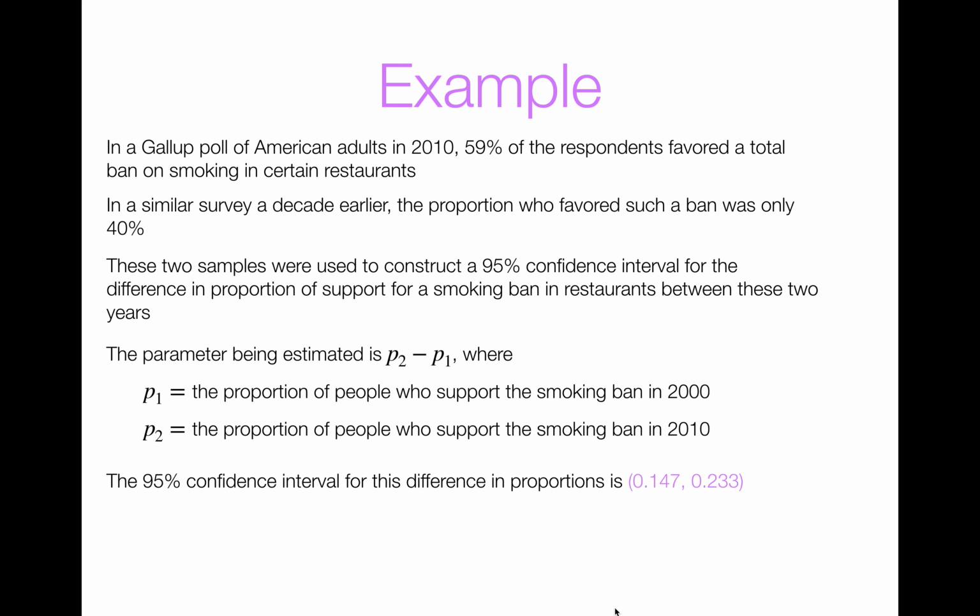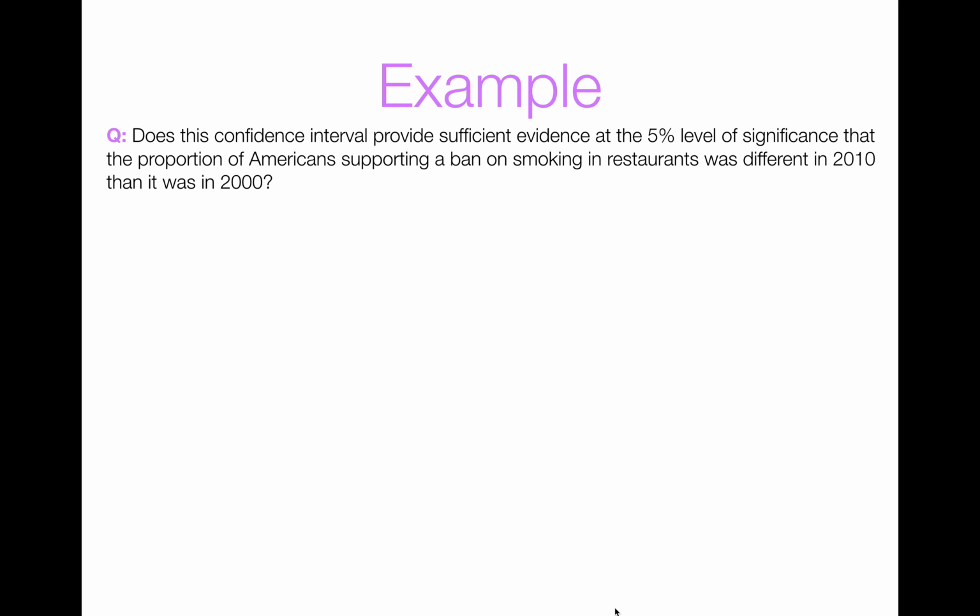And they found that a 95% confidence interval for this was 0.147 to 0.233. So does this confidence interval provide sufficient evidence at the 5% level of significance that the proportion of Americans supporting a ban on smoking in restaurants was different in 2010 than it was in 2000?